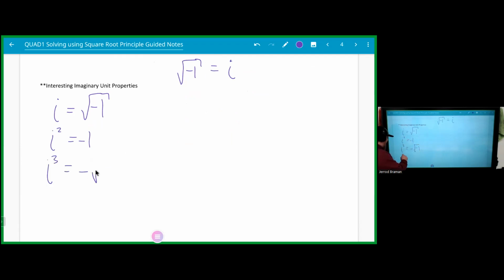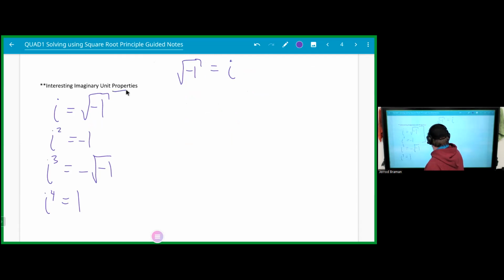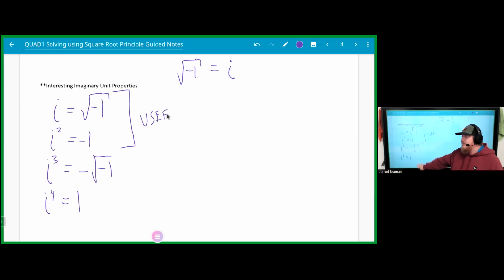And i to the 4th is 1. Just so we're on the same page, the 2 that are most useful for you right now are the first 2. Those other ones are not as useful, not for us right now. They can be useful for other applications, but not for us right now.